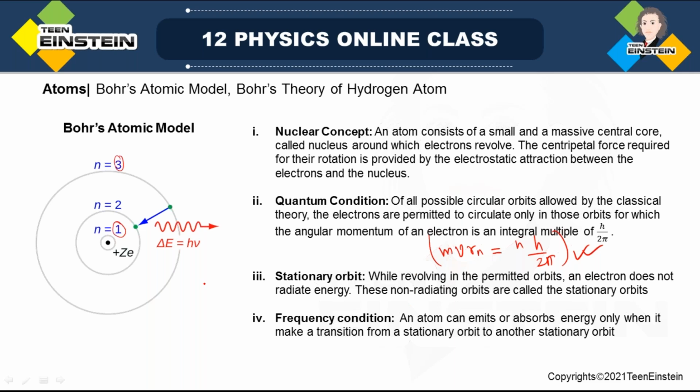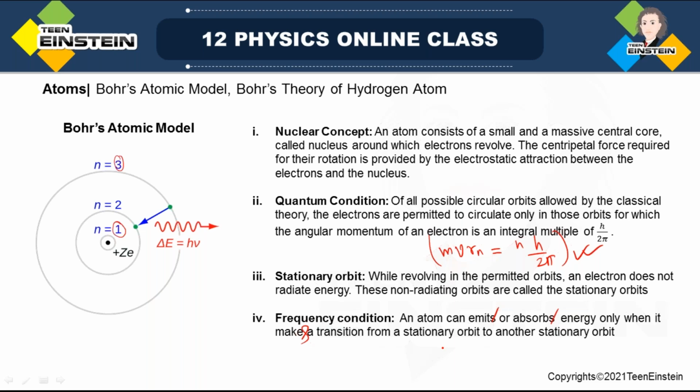See, what is the fourth postulate? An atom can emit or absorb energy only when it makes a transition from one stationary orbit to another stationary orbit.